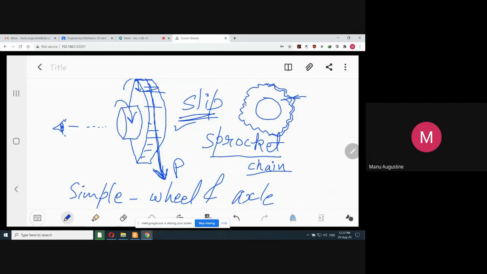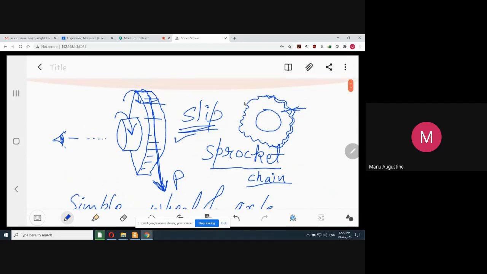So now you can see that the arrangement that is attached to your bicycles is a sprocket and chain arrangement. Now, where is the chain attached? The chain is attached over the sprocket, and the chain has links like this.